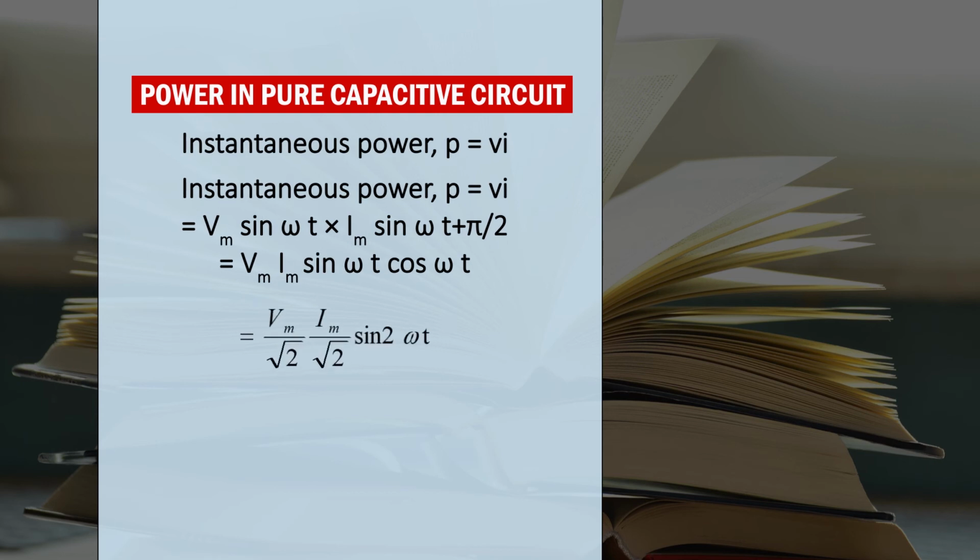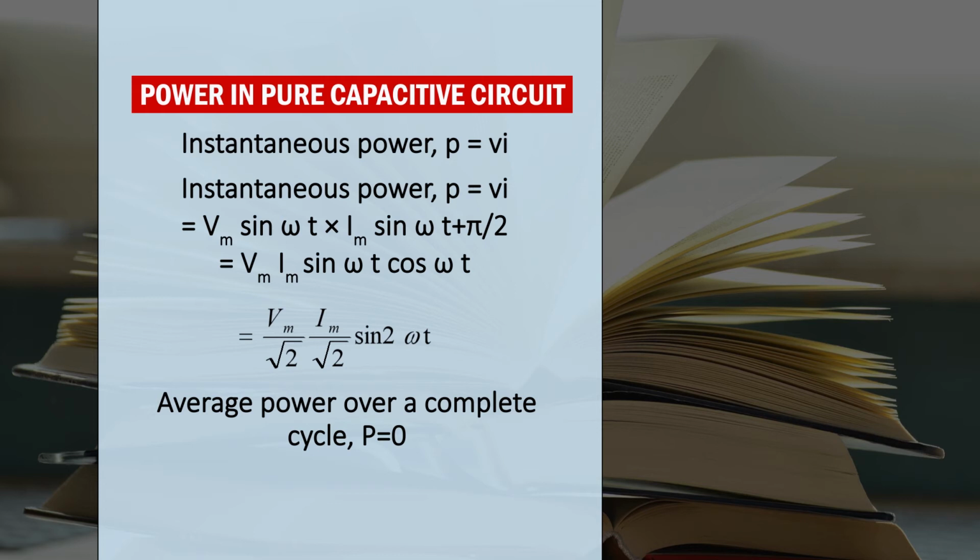What will be the value of power in a pure capacitive circuit? So the instantaneous power p can be written as small v multiplied by current small i. And what is the value of this small v? This can be replaced as Vm sin omega t, and the value of this small i is equal to what? Im sin omega t plus pi by 2. So after solving, this equation can also be written as Vm Im sin omega t cos omega t. Why? Because sin omega t plus pi by 2 can be written as cos omega t.